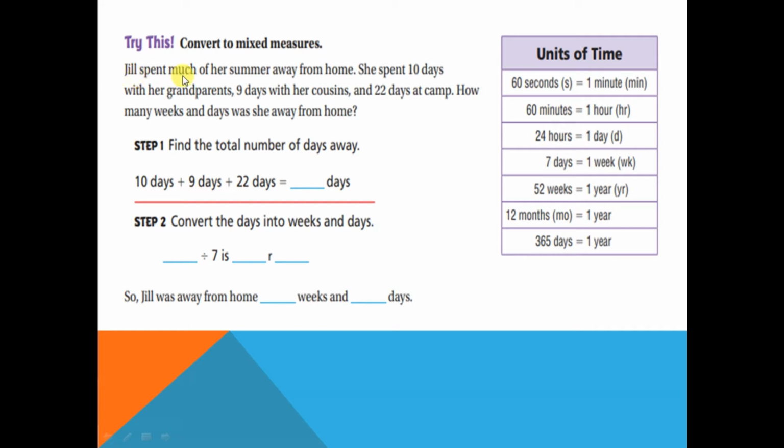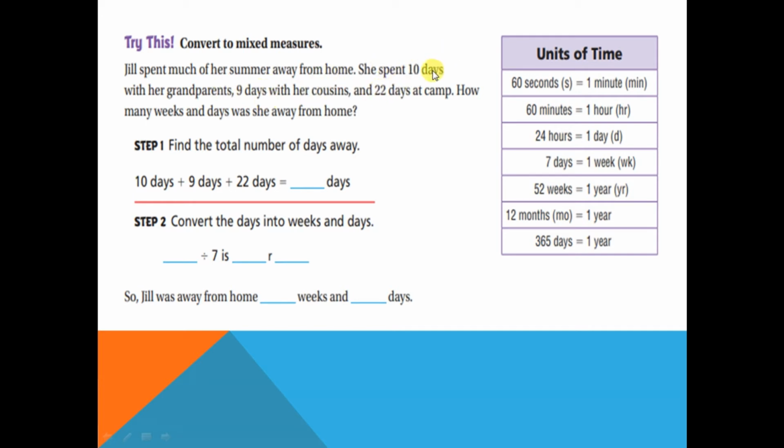Jill spent much of her summer away from home. She spent 10 days with her grandparents, 9 days with her cousins, and 22 days at camp. How many weeks and days was she away from home? So away from home, this means we will compile all the vacation days.